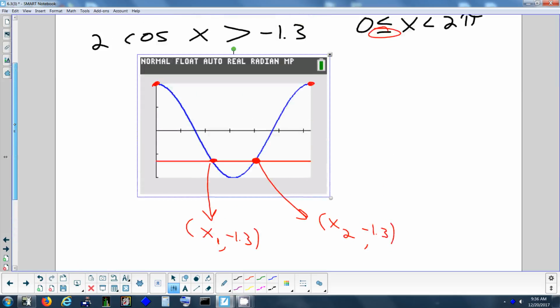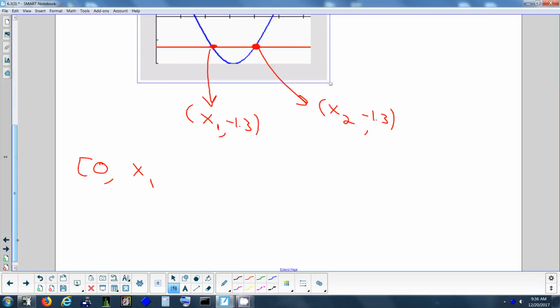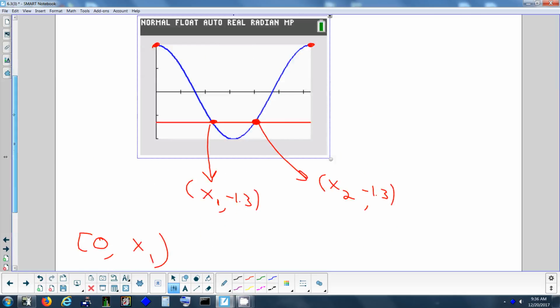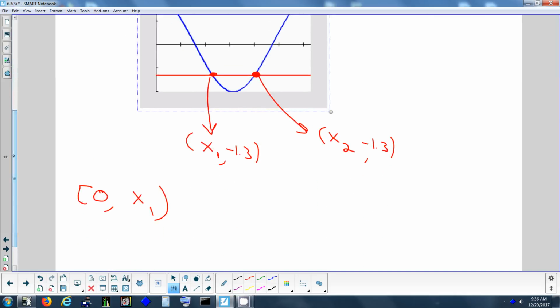Now, the question is, do we include x1 or not include it? Caleb? No, because there's no equal. It's just a greater than. So in this case, you do not include x1. If that had an equal to under it, then you could. But we don't want to be equal, we want to be above.